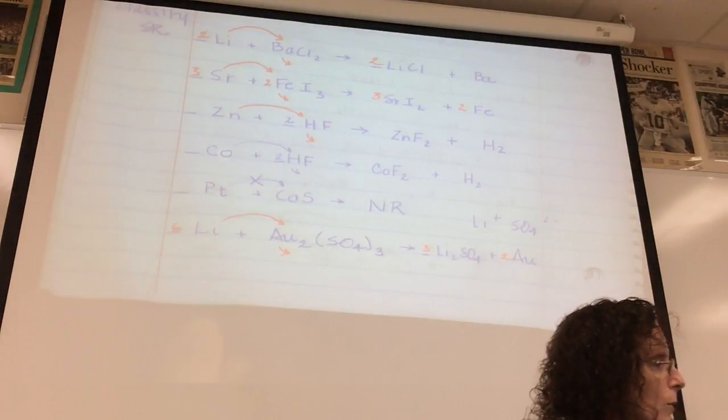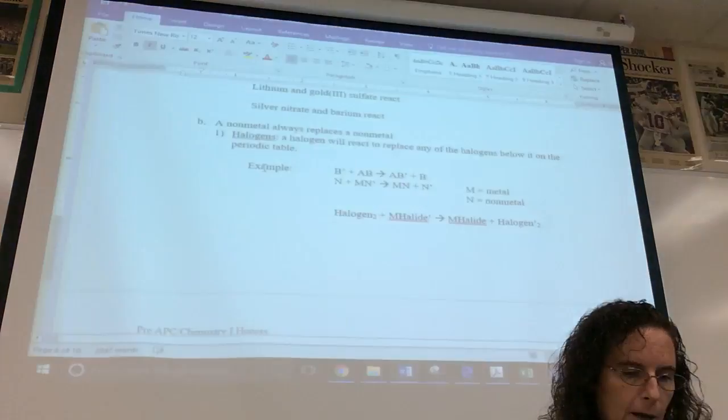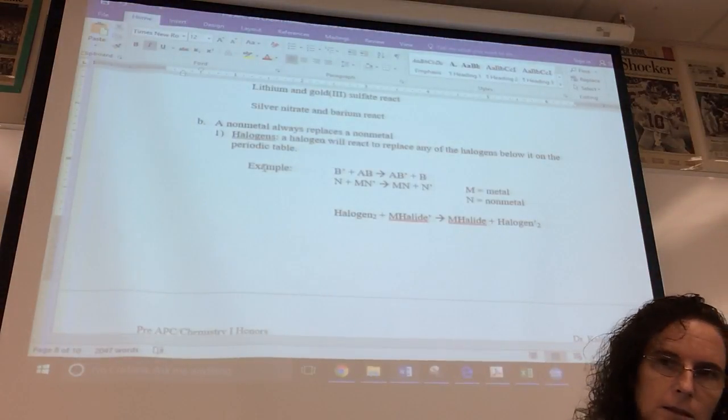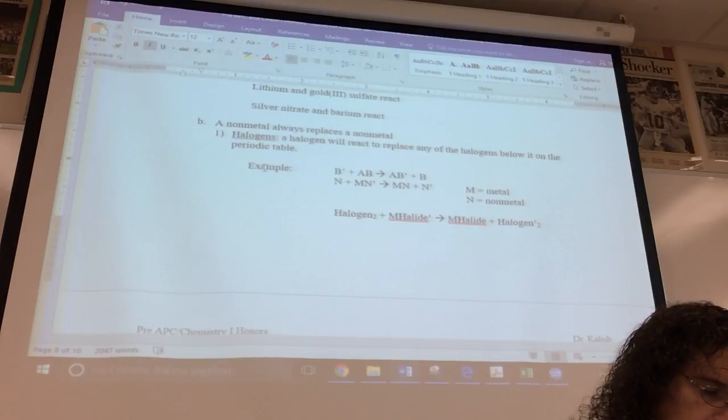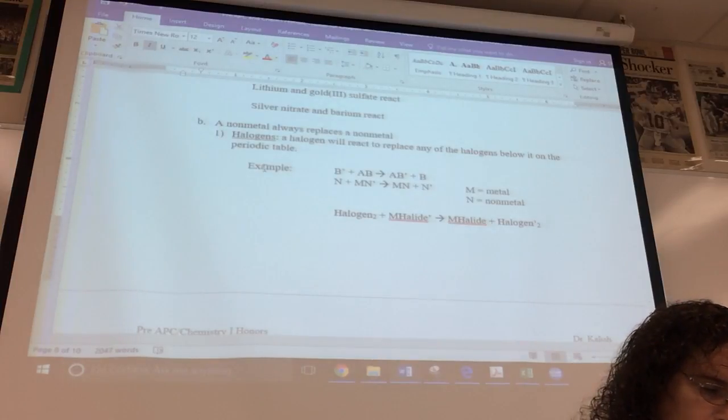Why don't you guys try the problem on the screen. It says silver nitrate and barium react. I'll do it too, and we'll see if we've got it correct. Just be careful here, I wrote it backward, but it doesn't matter.